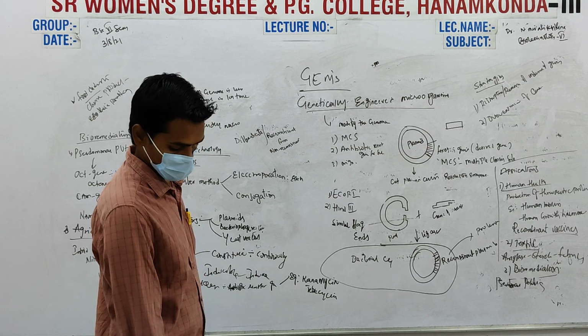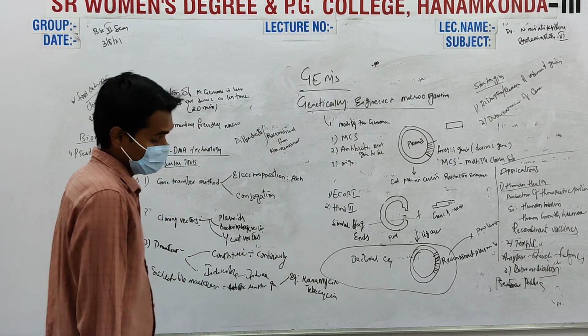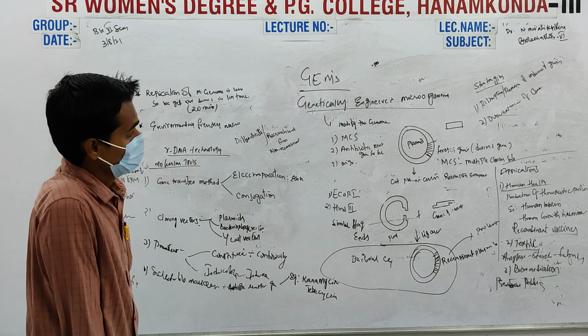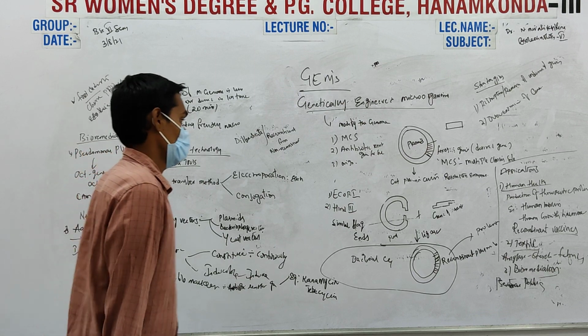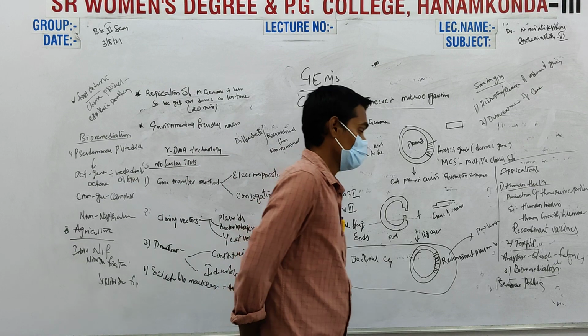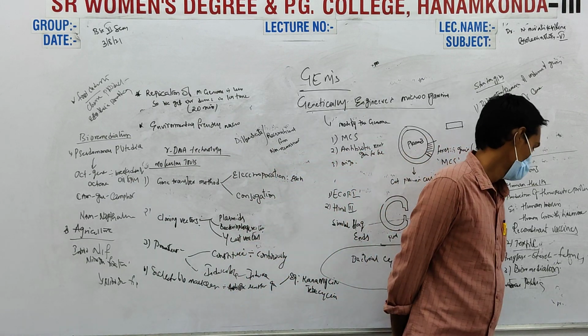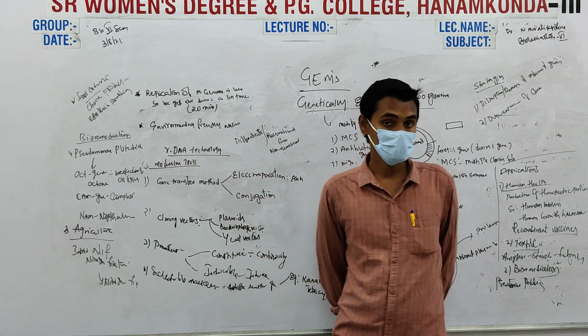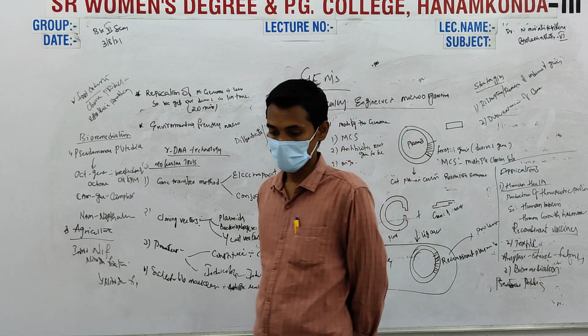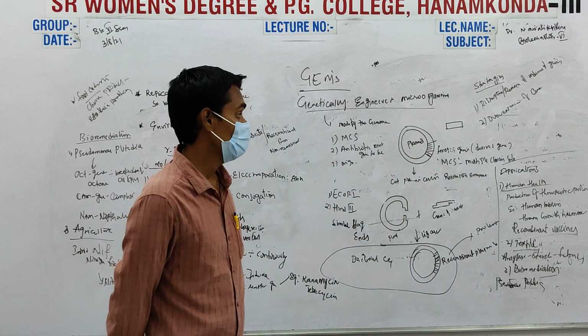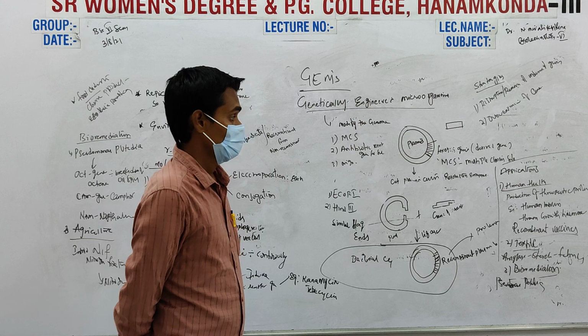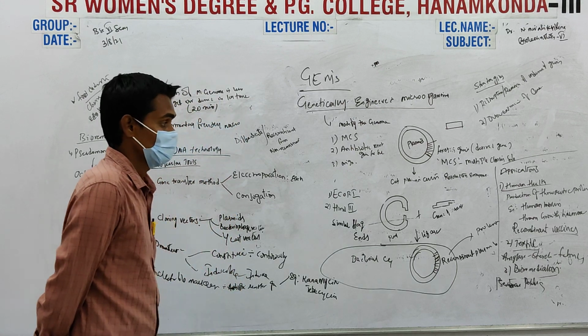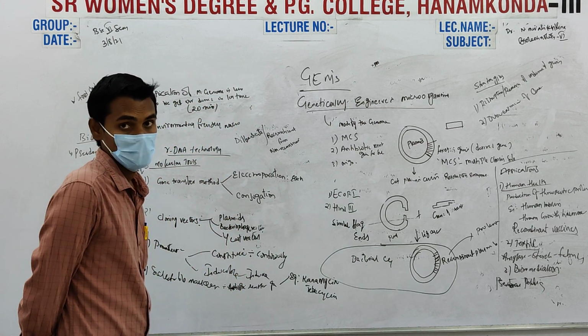Coming to the applications, mostly human health. GEMs are used for the production of therapeutic proteins, which include human insulin, human growth hormone, and recombinant vaccines.